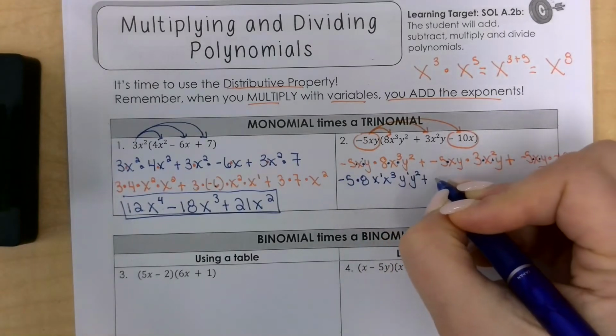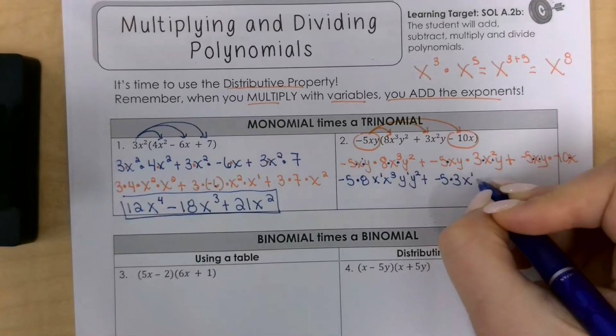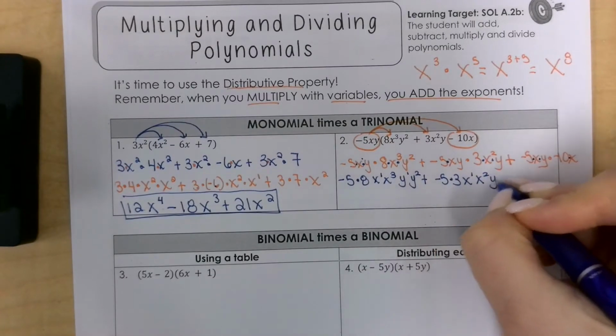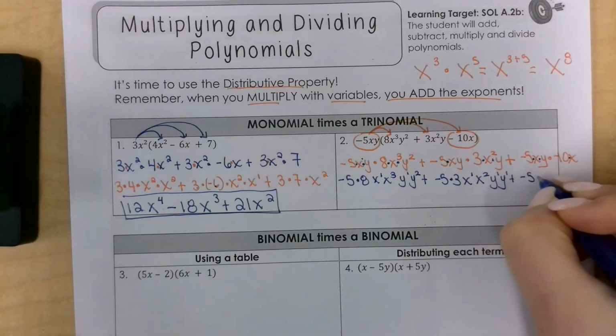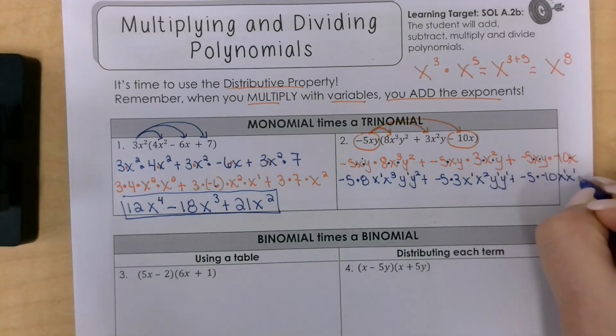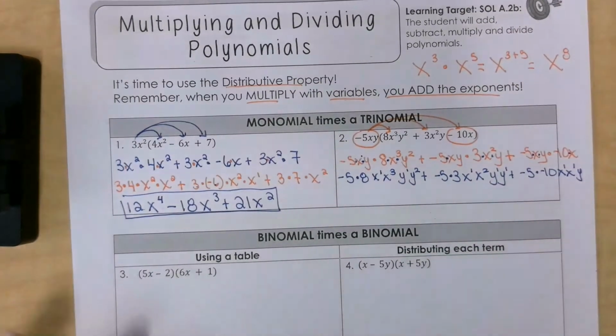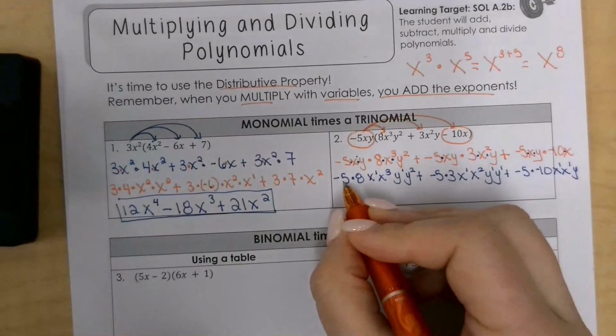Now I'm going to have negative 5 times 3, x to the first, x squared, y to the first, y to the first. And finally, I'm going to have negative 5 times negative 10, x to the first, x to the first, y. I don't need to put to the first because there's no other y, so nothing is going to combine with it.